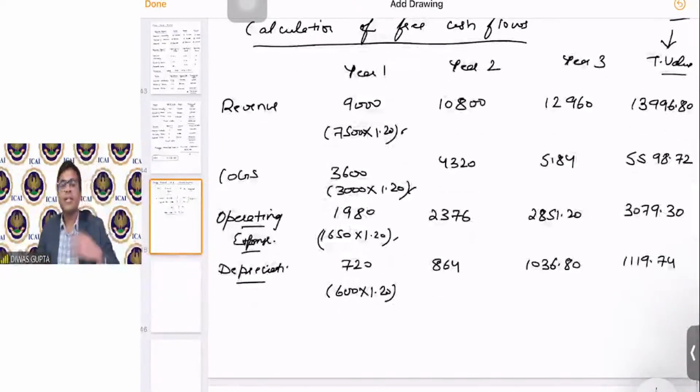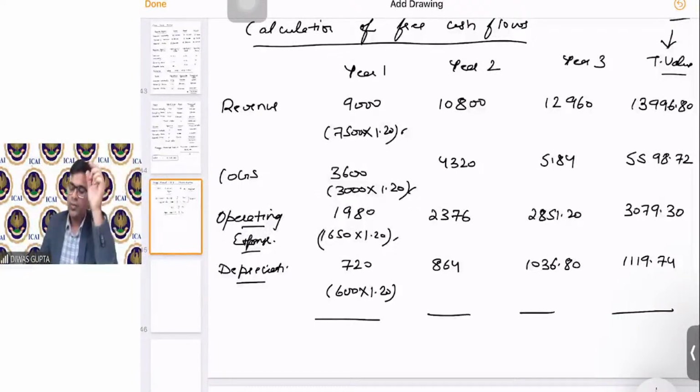So we have considered revenue, COGS, operating expense, and depreciation. If we reduce from revenue all these three items, COGS, operating expense, and depreciation, we will reach EBIT. So this becomes 2,700. This becomes 3,240. This becomes 3,888.